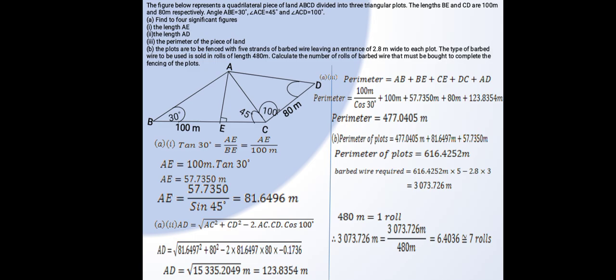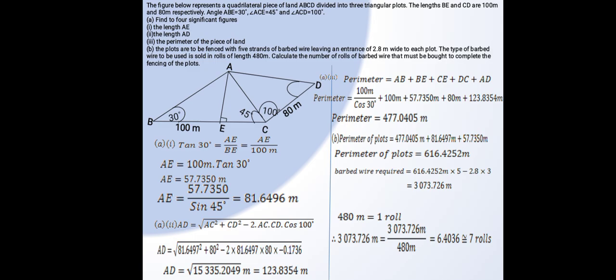The figure below represents a quadrilateral piece of land ABCD divided into three triangular plots. The lengths BE and CD are 100 meters and 80 meters respectively. Angle ABE is equal to 30, angle ACE is equal to 45, and angle ACD is 100.